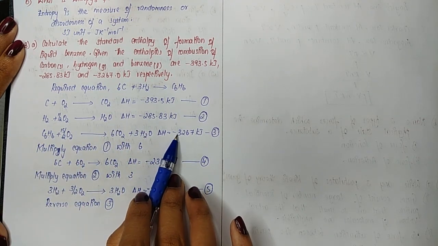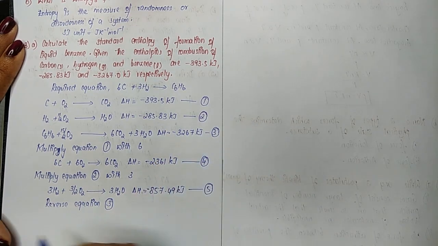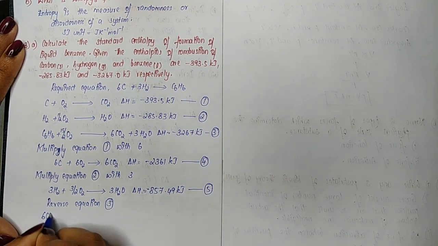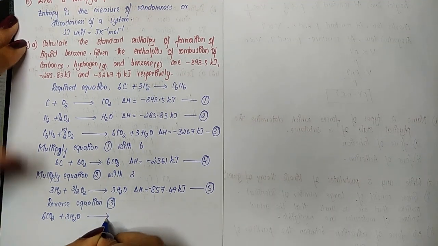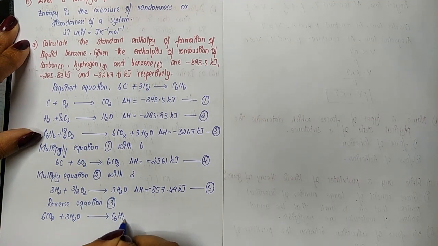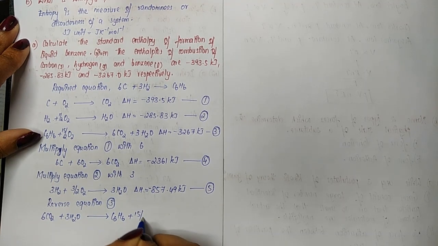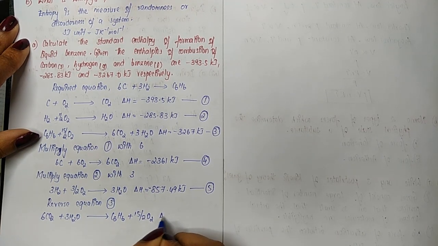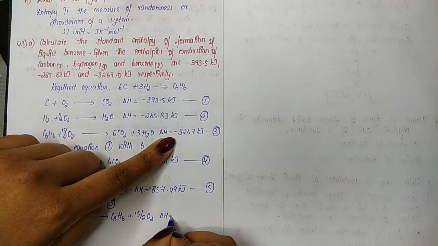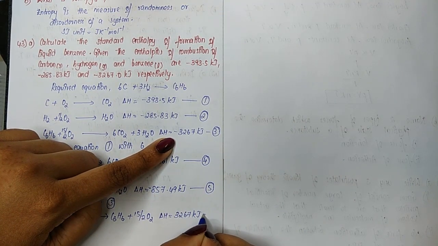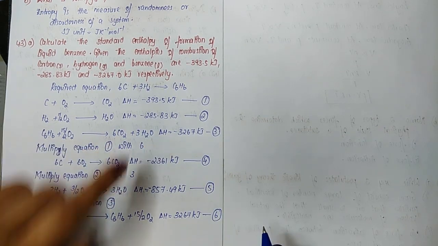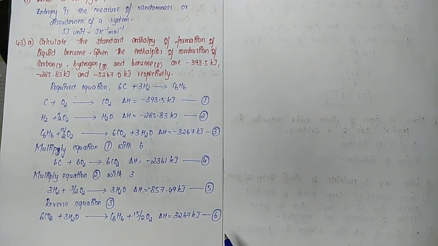Along with that, the sign which is negative will change to positive. So let's write that: 6CO2 plus 3H2O giving 15 by 2 O2 plus C6H6, and its respective delta H value, which was negative, will now change to positive. Now this is going to be our new equation, which is equation number 6.